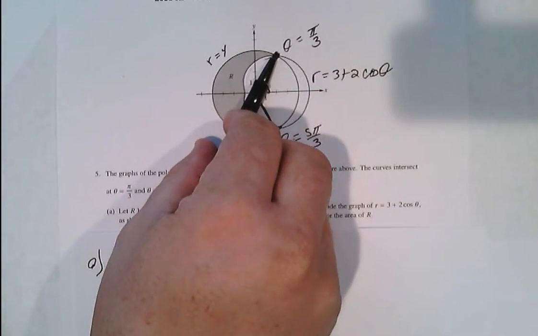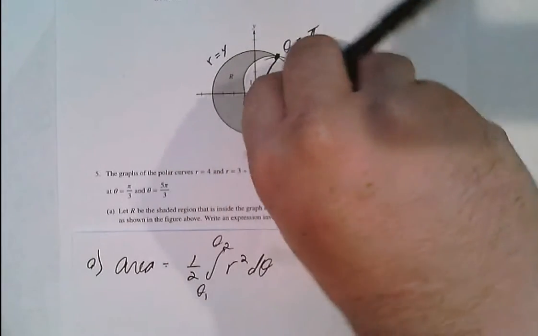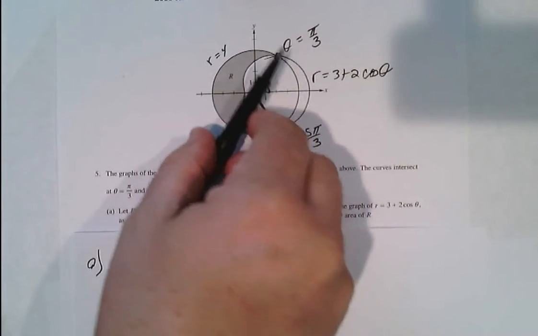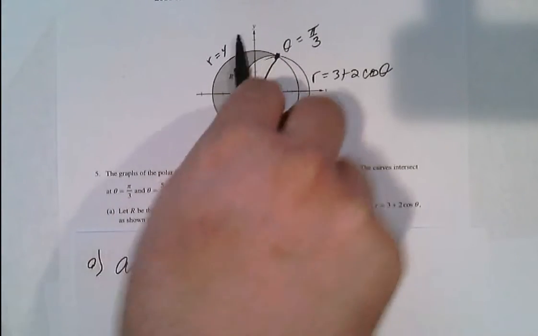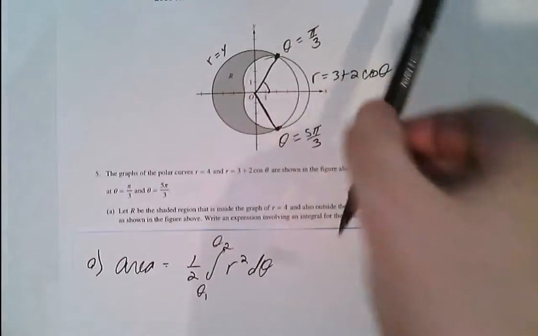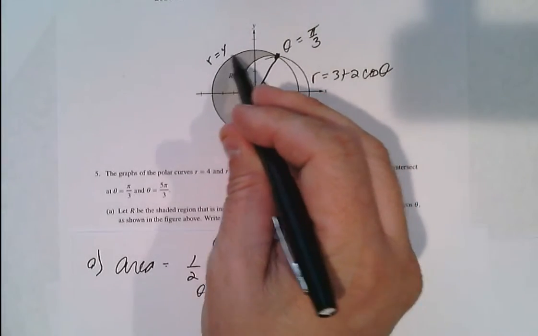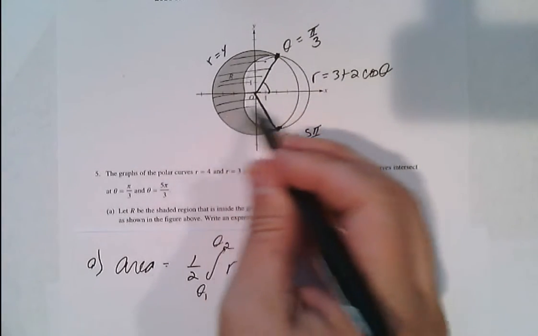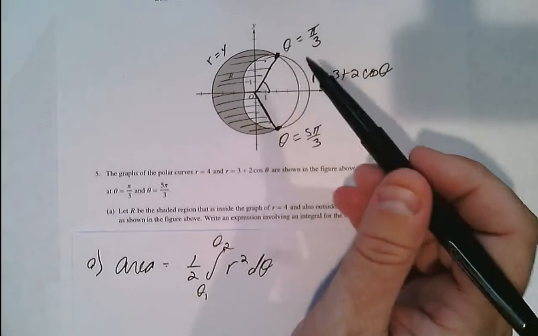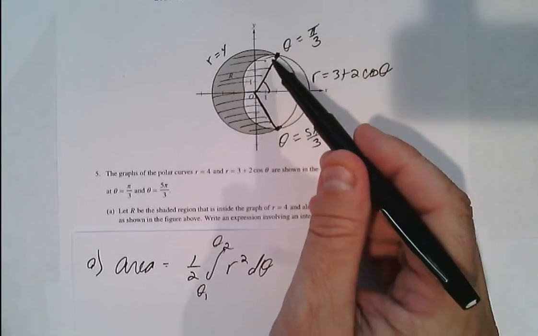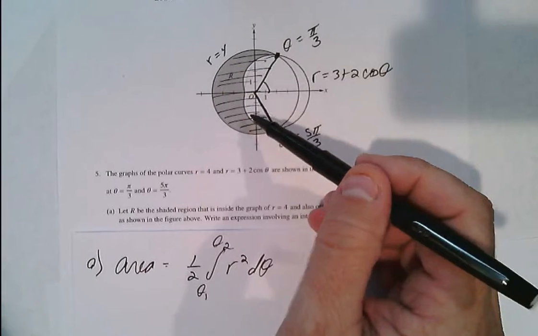If I look at r equals 4 as the outer curve, which it is, if I integrate from pi over 3 all the way to 5 pi over 3, the problem is you're going to get all of this area that I'm shading in right now, which is too much area. You don't want the white portion.